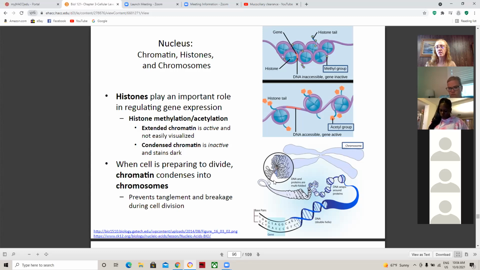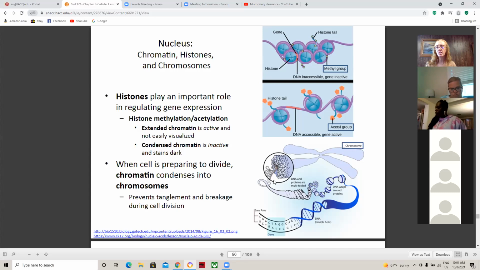It will not be expressed. If it's acetylated, it is expressed. If a gene is not expressed in a given cell, that cell may not become a particular type of cell and will become another type of cell instead. So that's why histones are crucial.